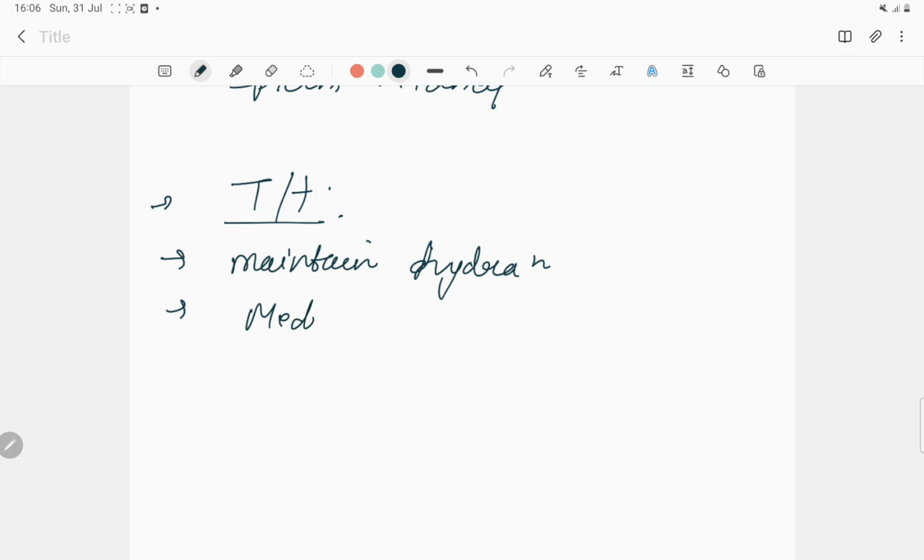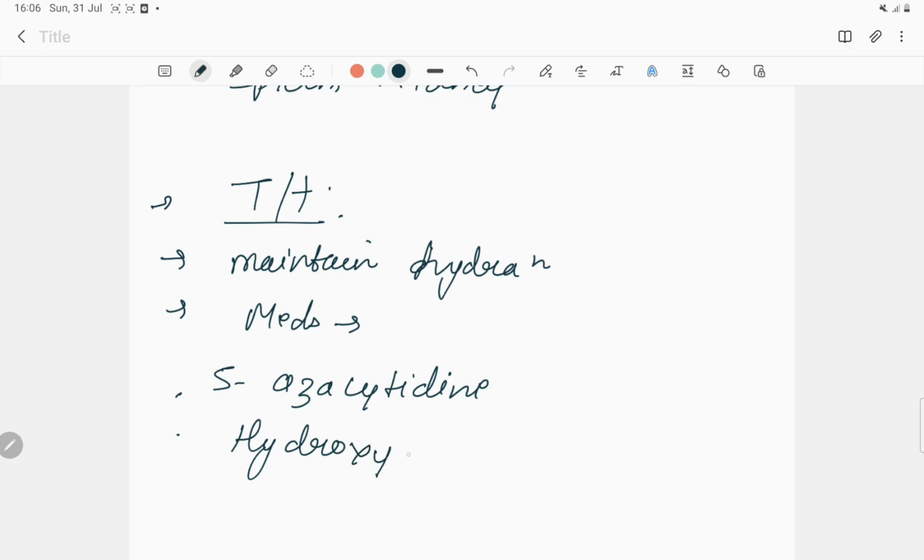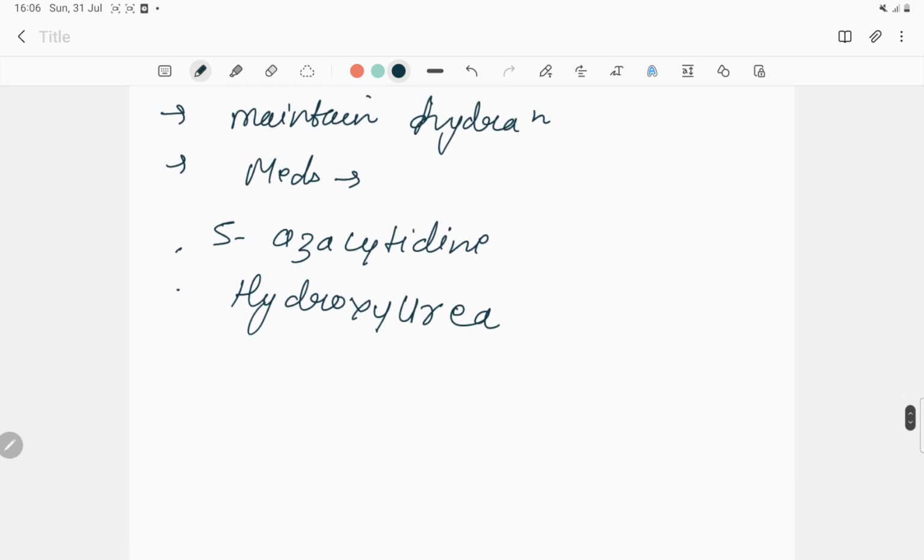Obviously, there are some medications like 5-azacitidine, as well as hydroxyurea. Okay. So what do these two drugs do?